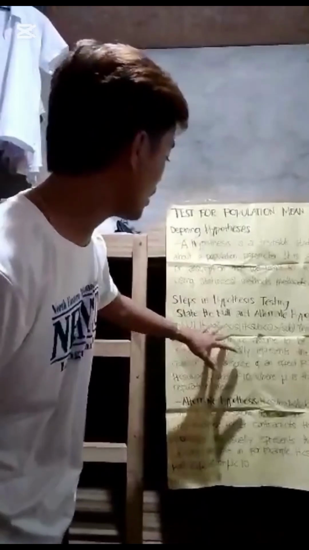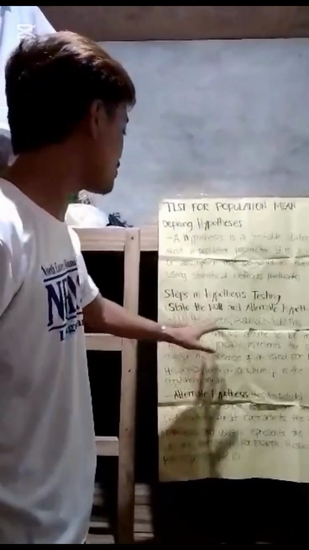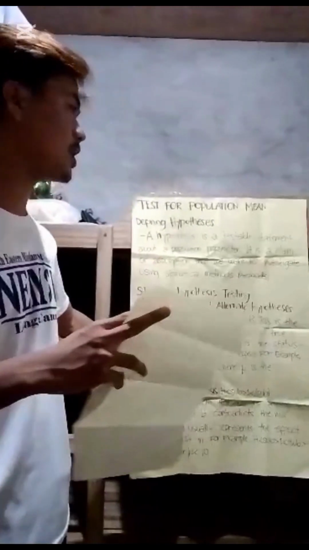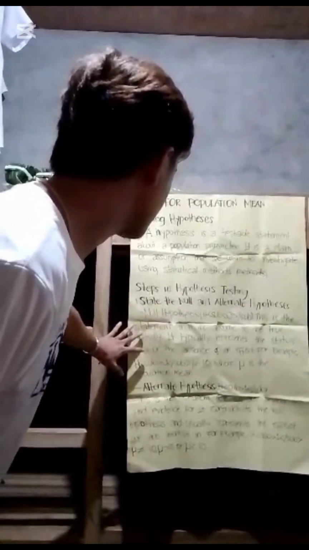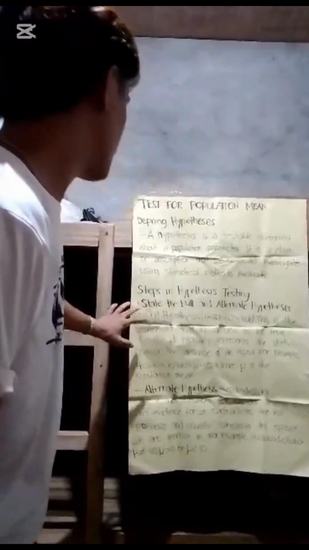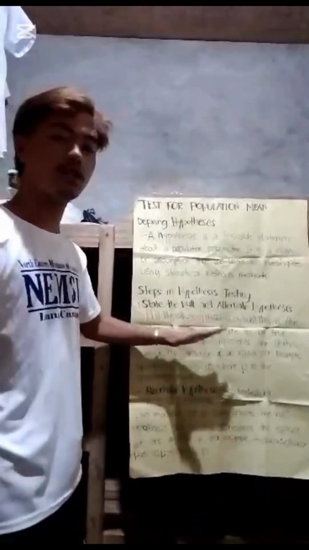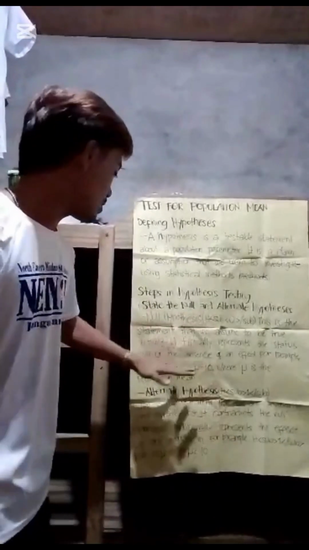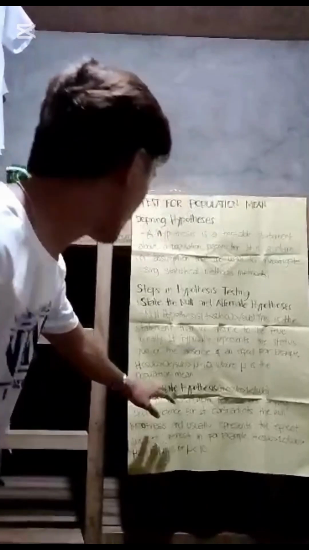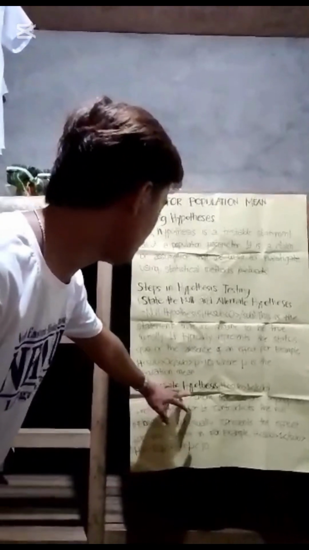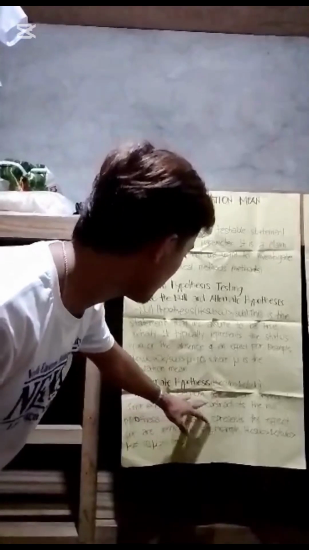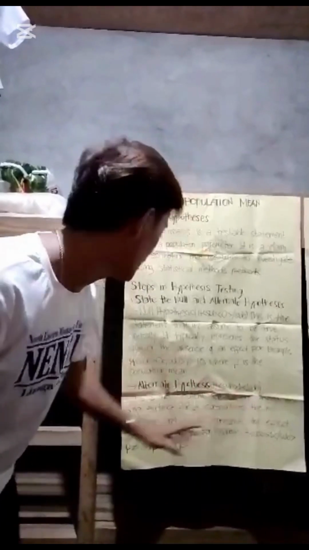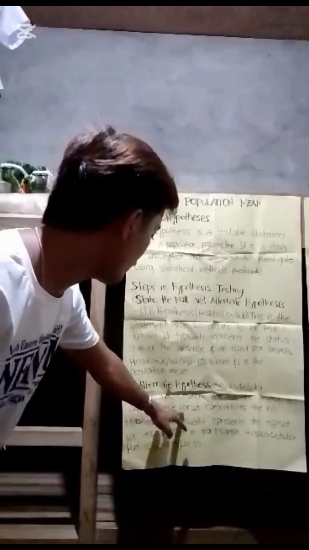So the null hypothesis is the statement that is true, the statement that we want to investigate. And the second is the alternative hypothesis. The alternative hypothesis is the statement that we are trying to find evidence for.